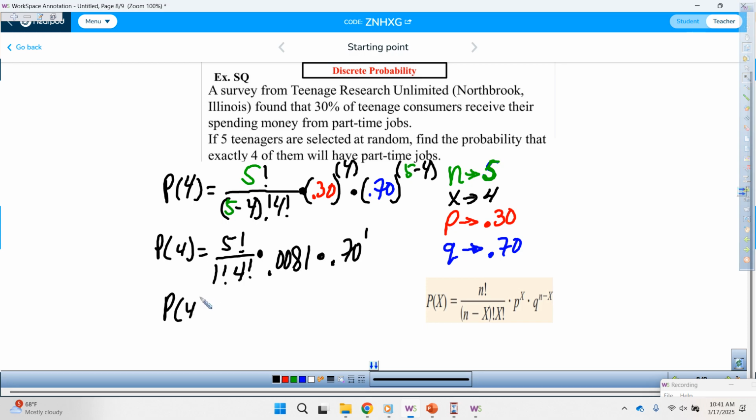So P of 4 is 5 times 4 factorial over 4 factorial, which at the end we just have 5 times 0.0081 times 0.70, and that gives us, Amelia, approximately 0.028, you said?